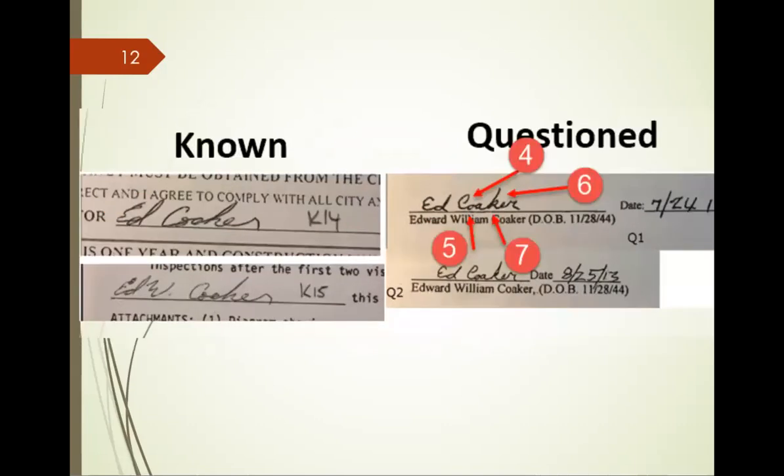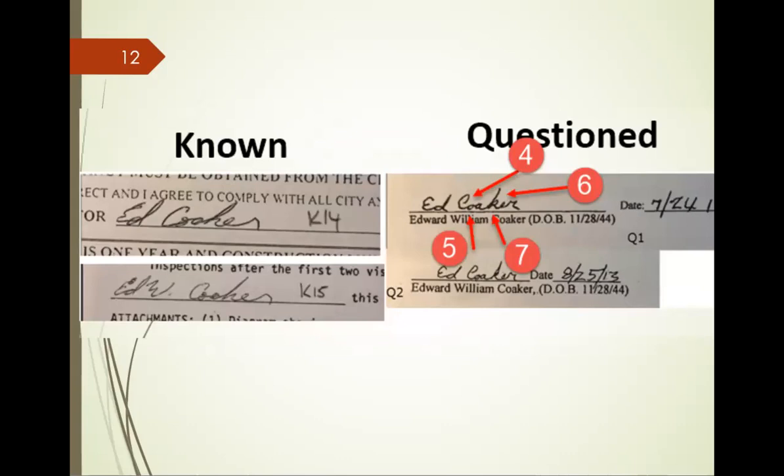And in the question, it is horizontal. And that doesn't make sense, because especially the first name is the most habitual name, and the first letter is the most habitual letter. Now, here we also see that in the question, the curly initiation of the C is missing. In the known, it is exaggerated.